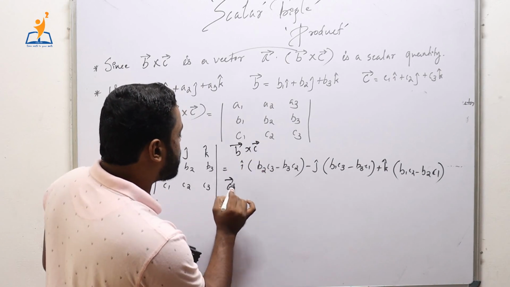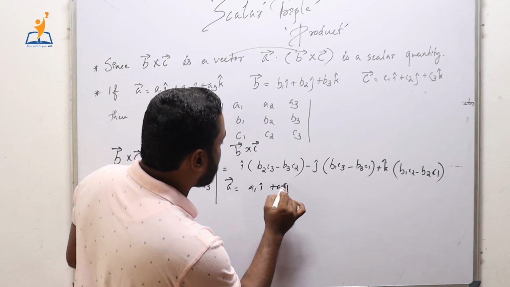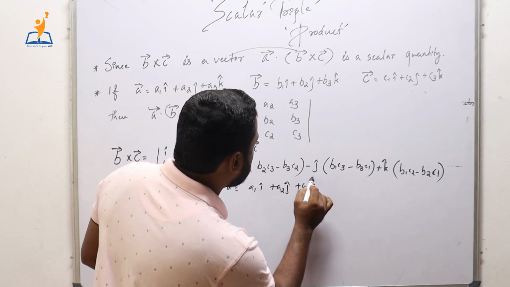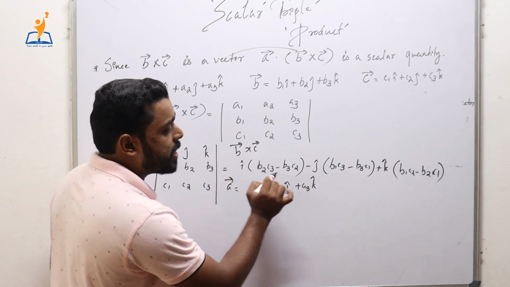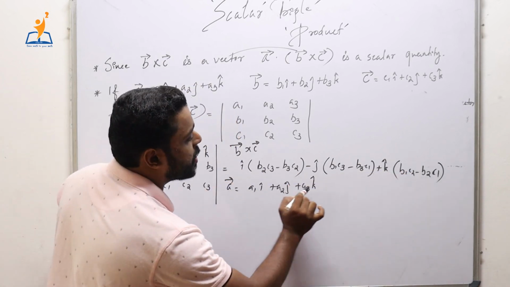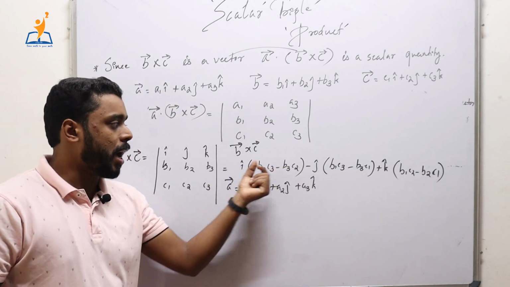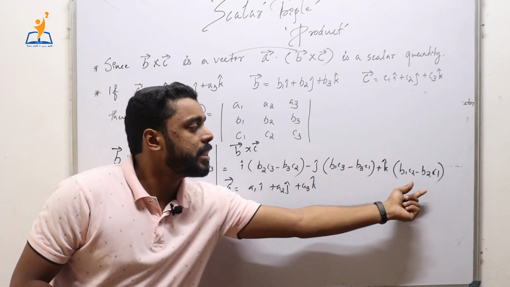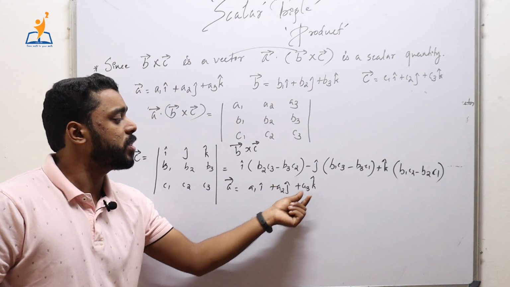Now we know that vector A is nothing but A1 i cap plus A2 j cap plus A3 k cap, right? Now see that A and B cross C are two vectors. B cross C is this vector and A is this vector, right? You can easily identify the coefficients of i cap, j cap and k cap.